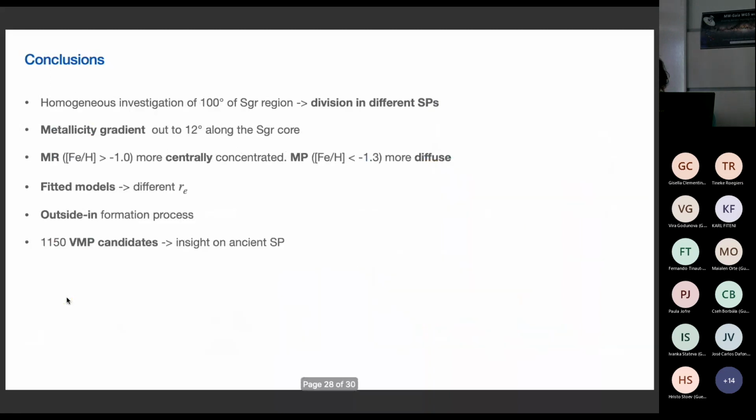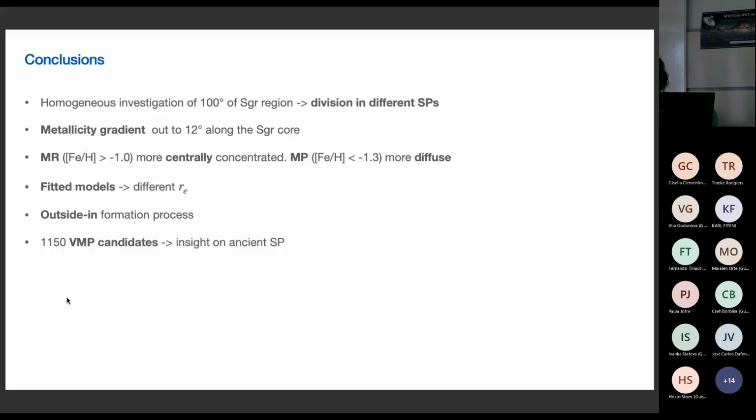However, we could conclude that the metallicity analysis that we performed, thanks to the combination of Pristine and Gaia data, enabled us to have a homogeneous investigation along a very wide area of the Sagittarius region, and to divide our sample in different stellar populations.